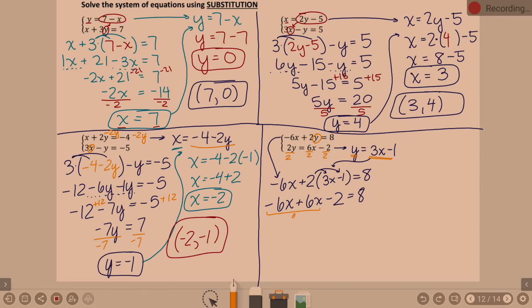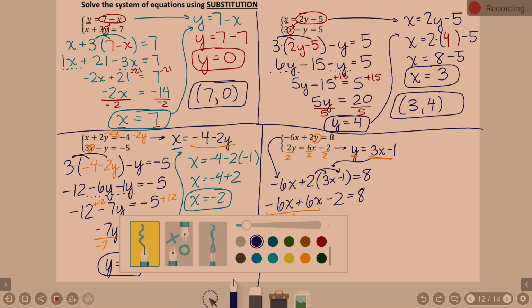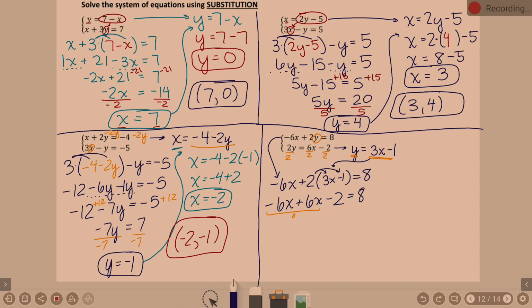So if that's just 0, that means my x's just canceled. They failed to exist. What's my remaining statement? Negative 2 equals 8. So variables just canceled out, yes? Does negative 2 equal 8? No. Since this is not a true statement and my variables canceled out, what are we going to say? No solution.